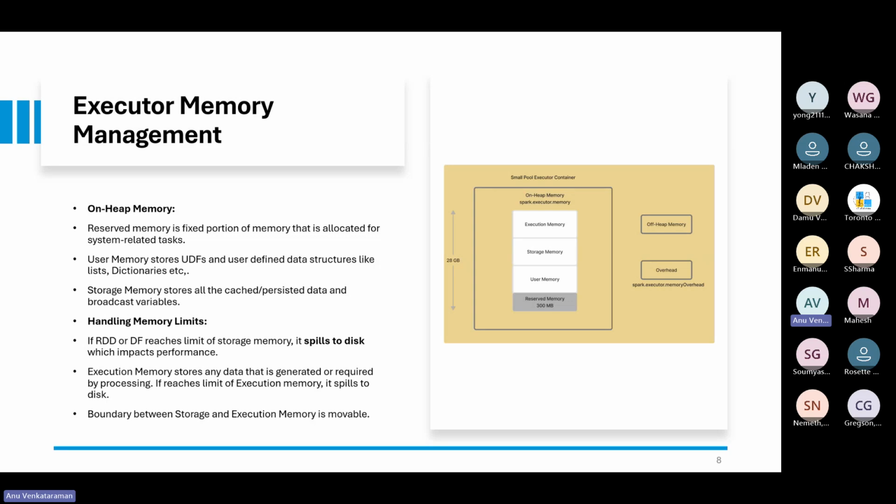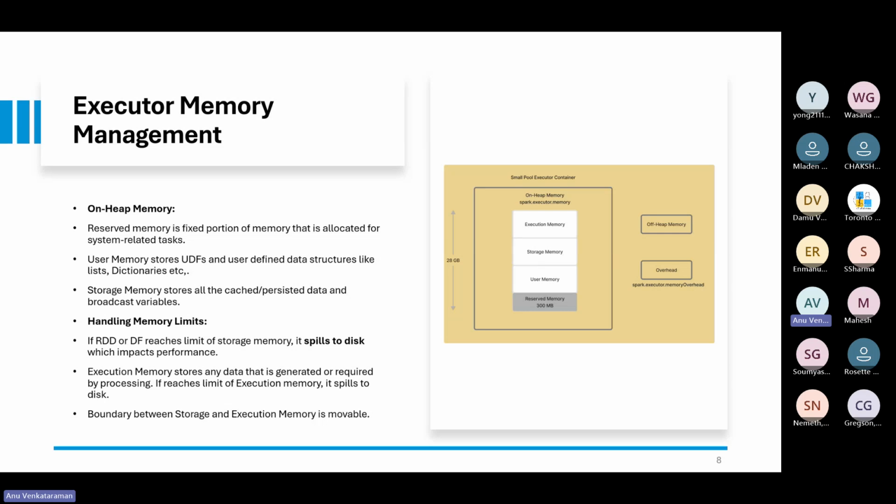So if I am talking about 16 cores, 64 GB memory, the 300 MB is reserved for Spark's internal processing. And then there is user memory. User memory is when you write a Python UDF or a Scala UDF, the user defined functions, or when you write user defined data structures like lists or dictionaries; all of those are stored in this user memory.